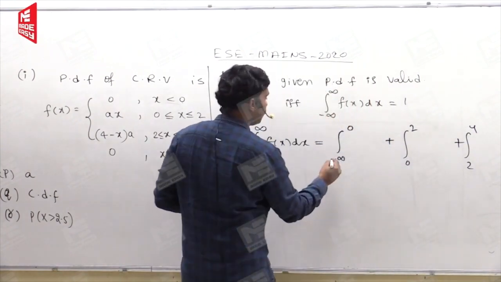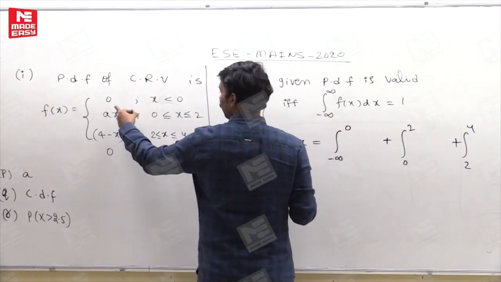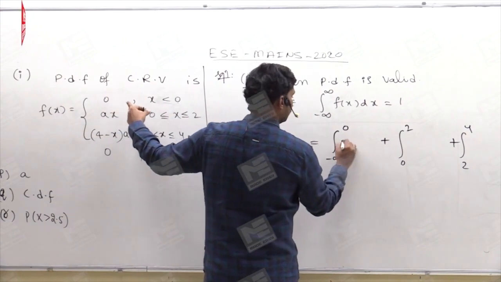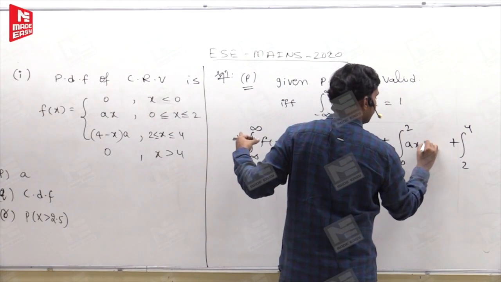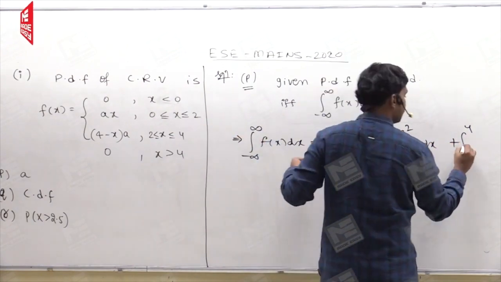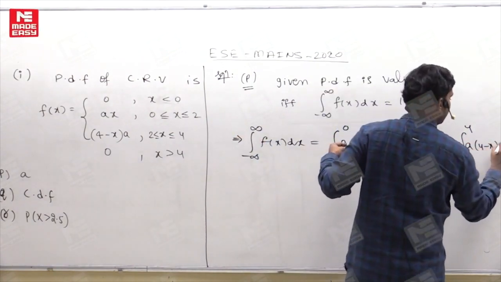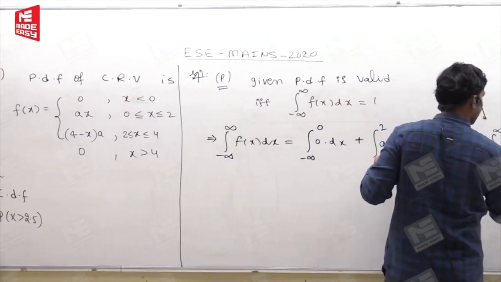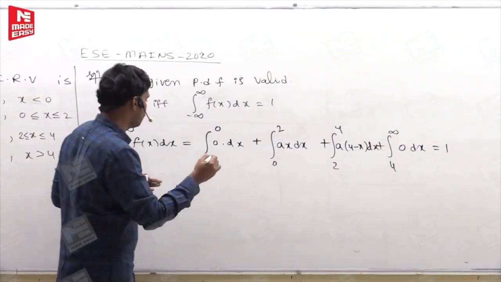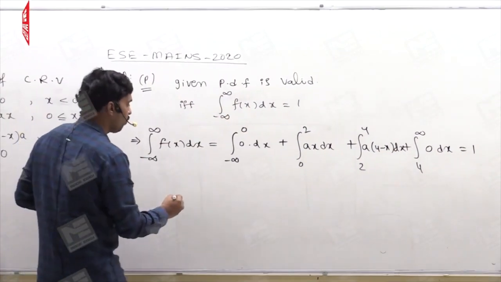Now from minus infinity to 0, what is f of x here? That is for x less than 0, 0 dx. From 0 to 2 the function is ax dx, from 2 to 4 the function is a into 4 minus x dx, and from 4 to infinity it is 0 dx. The sum of all these integrals should be equal to 1.